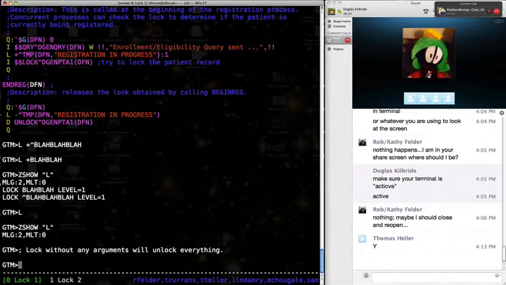Okay, so that's what we've covered so far, essentially a basic overview of the lock command.